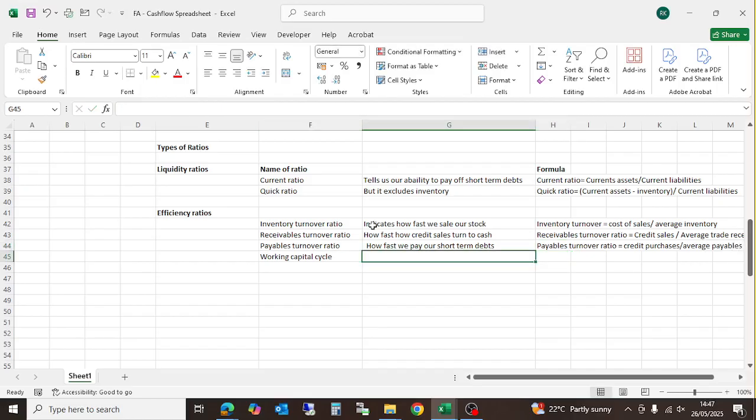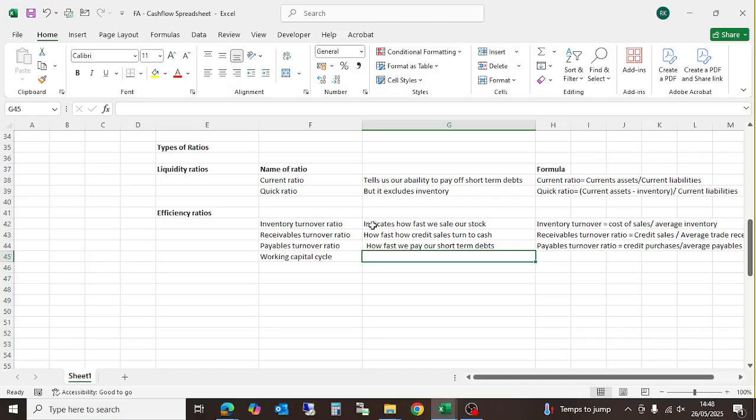And then the last one, which is the working capital cycle. What it does is that it actually does a comparison. It's more like a total period.